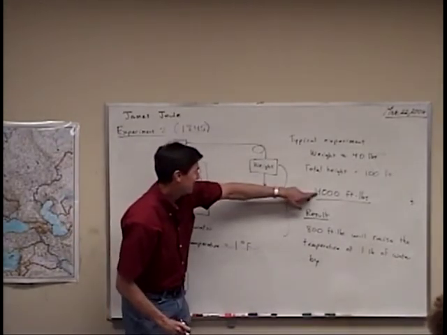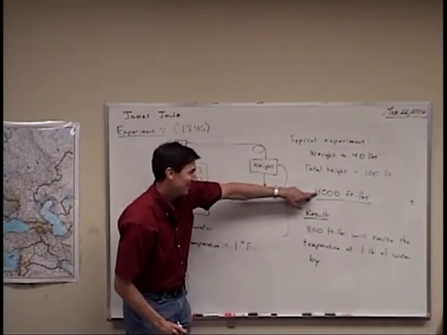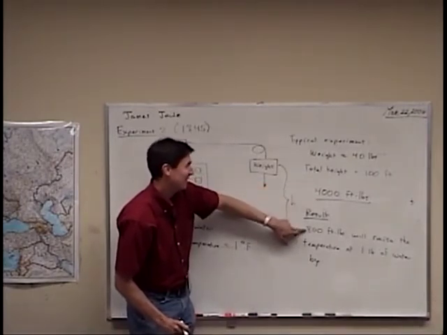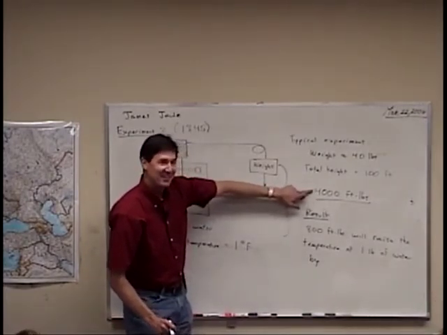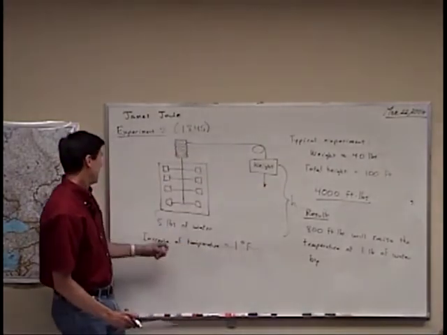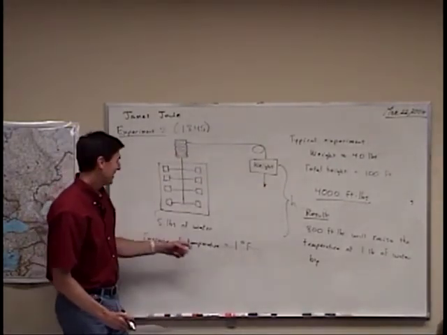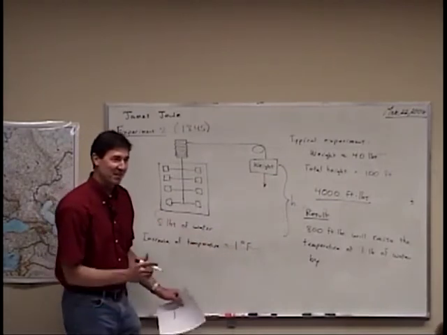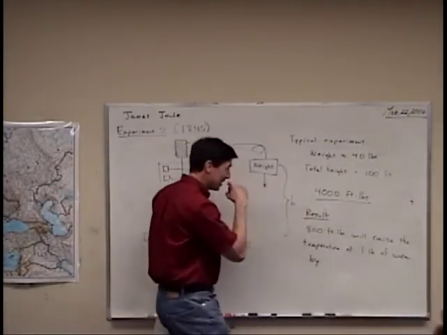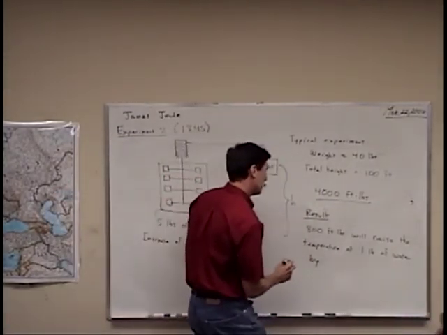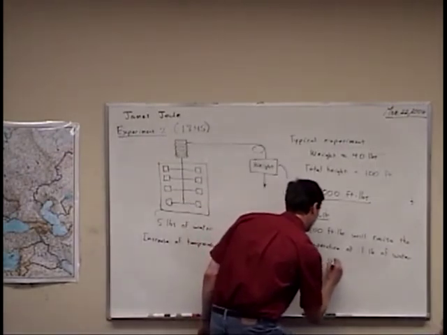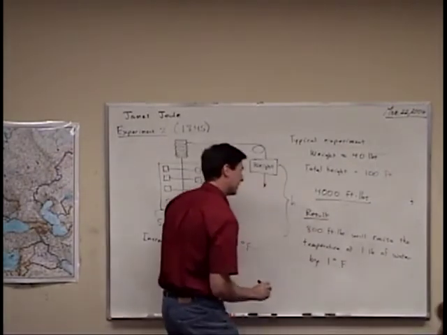I divided this by 5. Remember, the 800 is 1/5 of what I had here. And so if I have 1/5 the amount of water, it'll raise it by the same amount. Okay, so 800 foot-pounds will raise the temperature of 1 pound of water by 1 degree Fahrenheit.